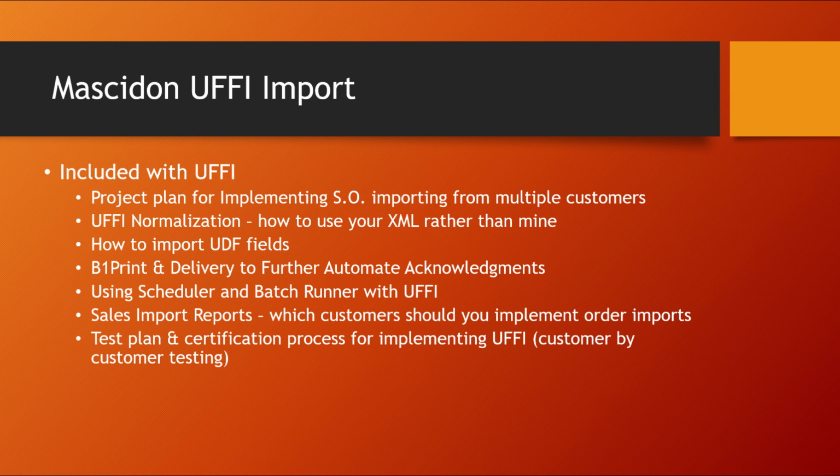And then I've got B1 print and delivery to further automate the whole order acknowledgments process, from the approval process to sending and emailing out the acknowledgments to the customer. I also describe how to use the scheduler and the batch runner in association with the UFFI so you can automate the processes.